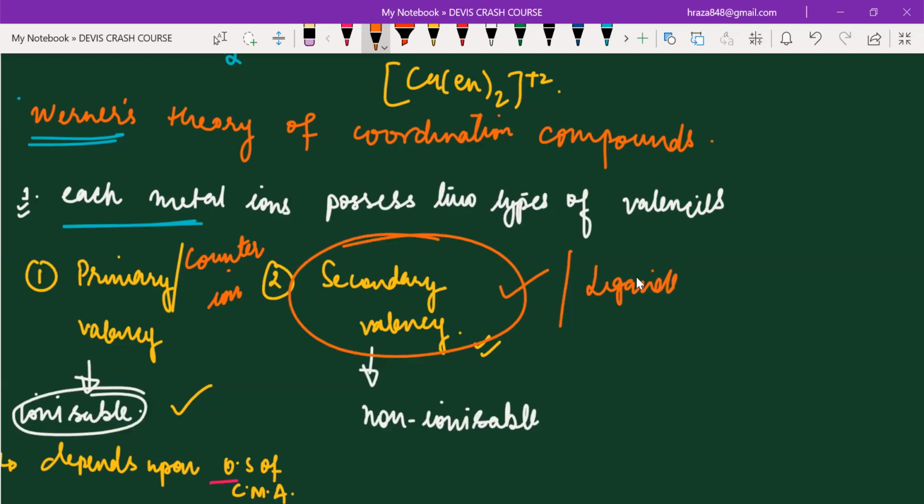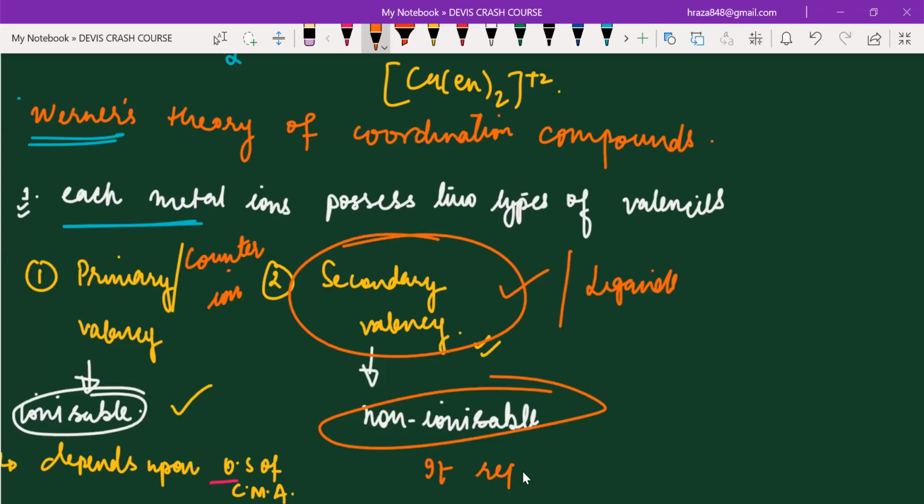Now it is also important to note that this depends on the number of donor atoms. It is formed by basically donor, and then it is also important to note that it represents coordination number.